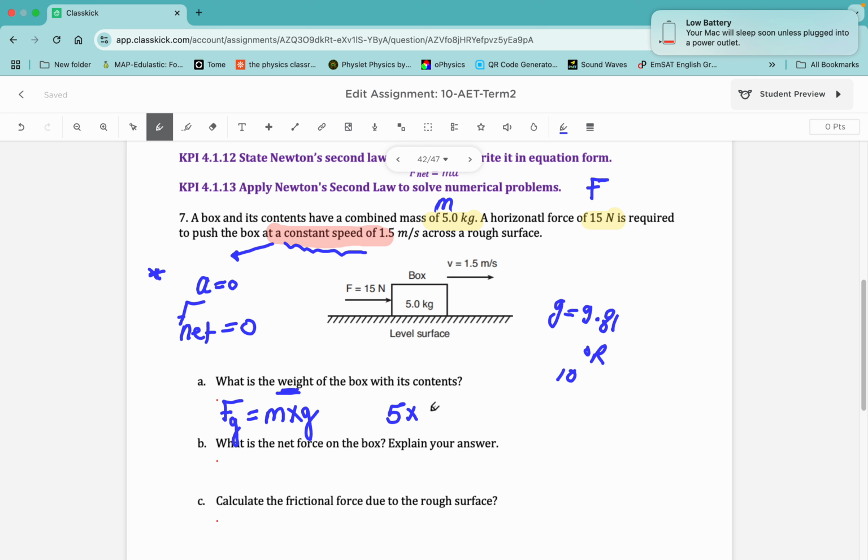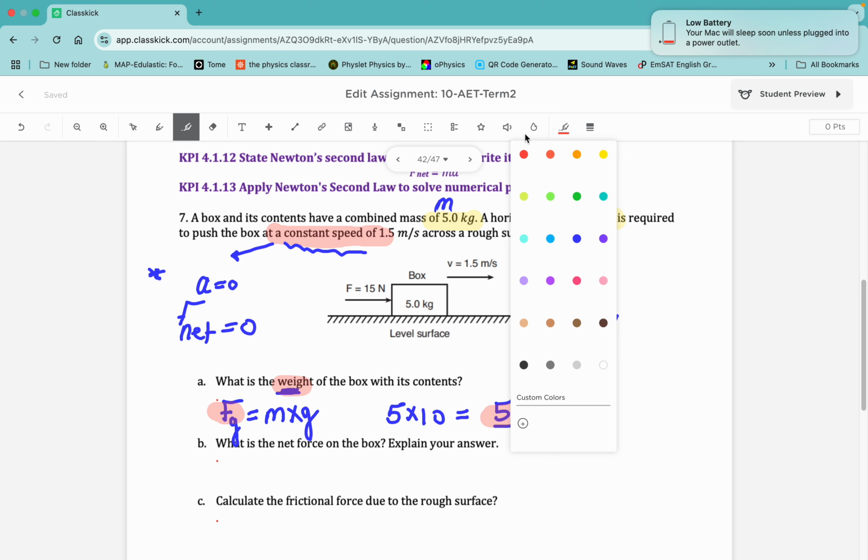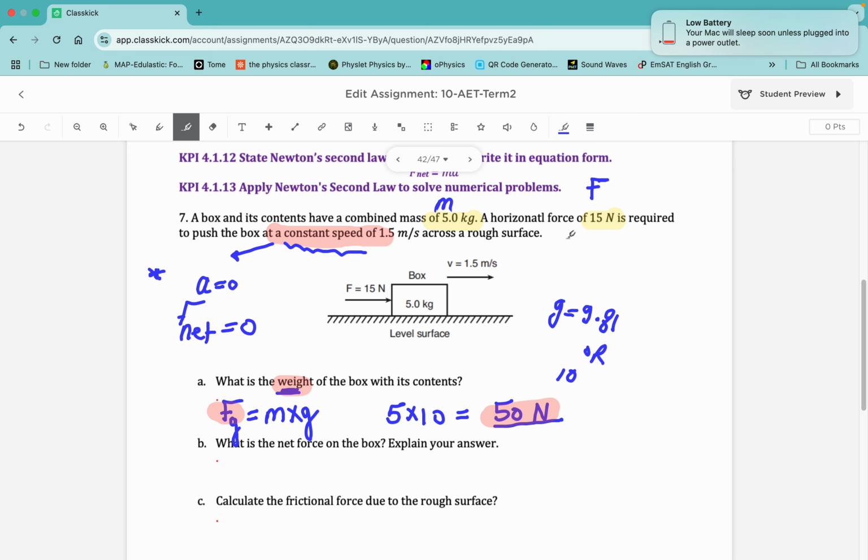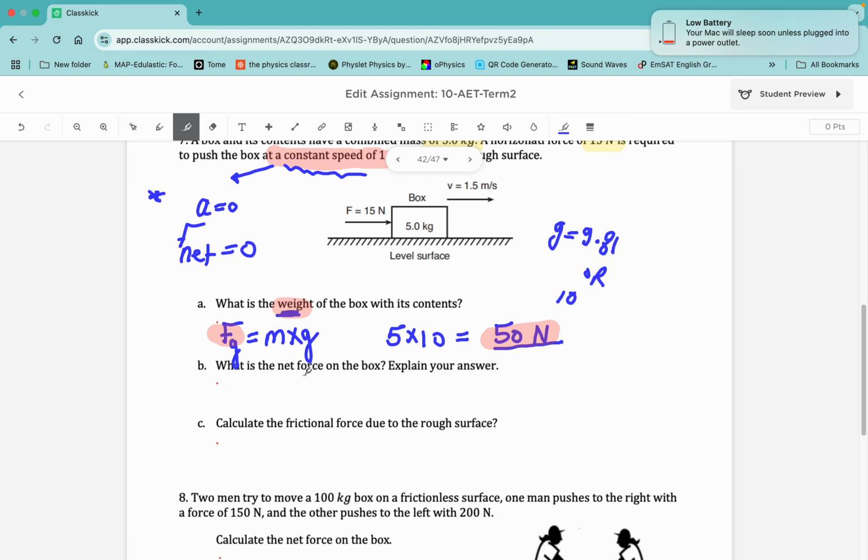Both are correct. So with 10, it's going to be equal to 50, and don't forget the measuring unit, which is Newton, because what you are calculating here is the weight, which is the gravitational force. So 50 Newton.